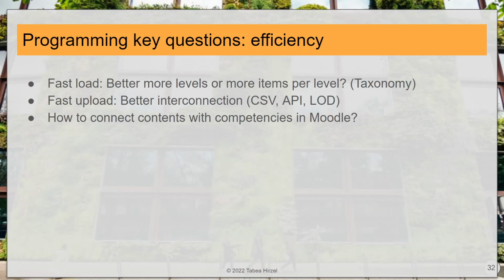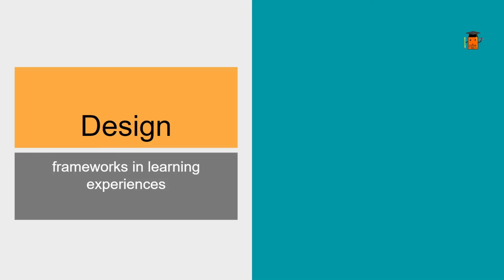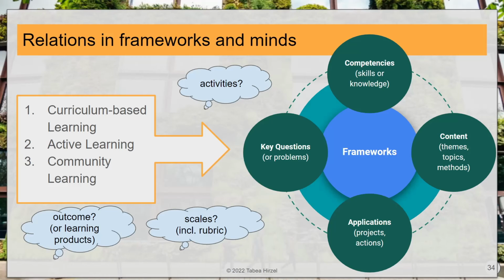And the key question is how to connect contents with competencies. We will come to this. Now, the way I design a learning content, one of the major issues I have is the relationship between different aspects of learning. We are speaking about competencies, which means usually skills and knowledge.